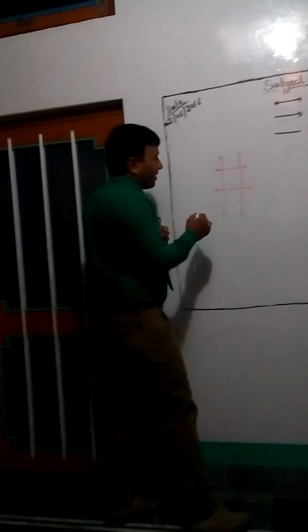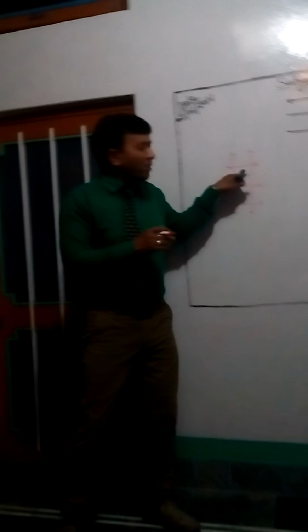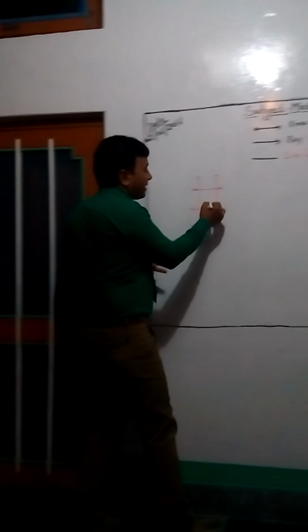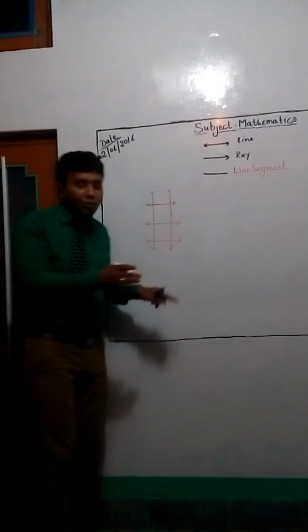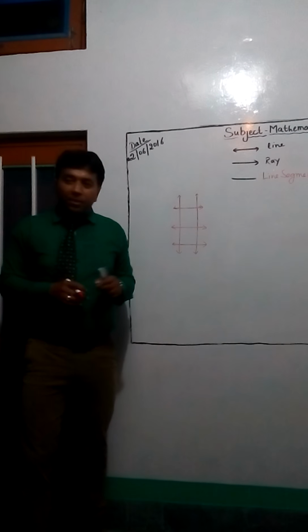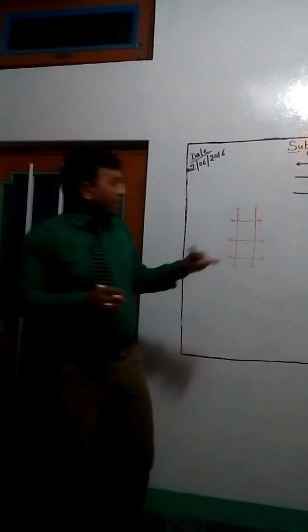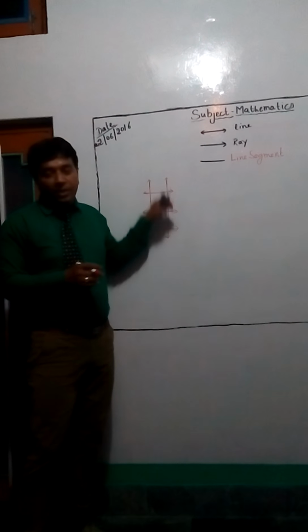Yes, very good. Can you tell me what this shape looks like? A ladder, very good. This ladder is not a formation of a line segment, but here we have lines. This is giving you an idea about a ladder.